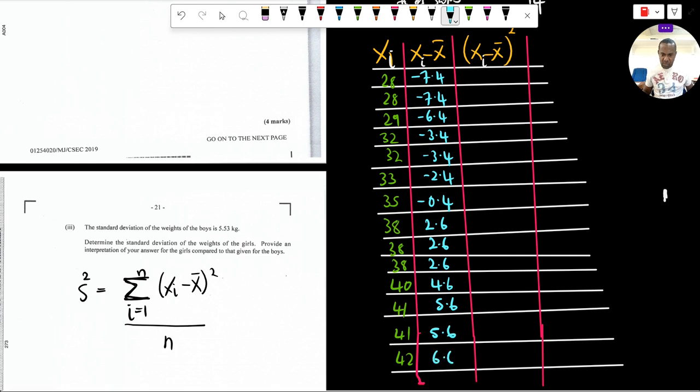And then 42 is plus 6.6, right? So those are our deviations.